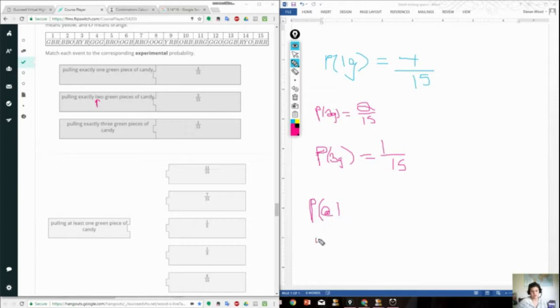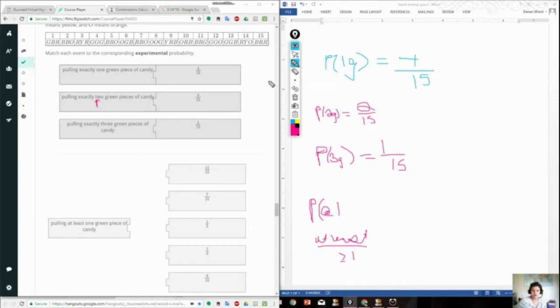So at least means that it has to be greater than or equal to that number. I drew that symbol backwards. It has to be greater than or equal to that number. So that is what at least means.